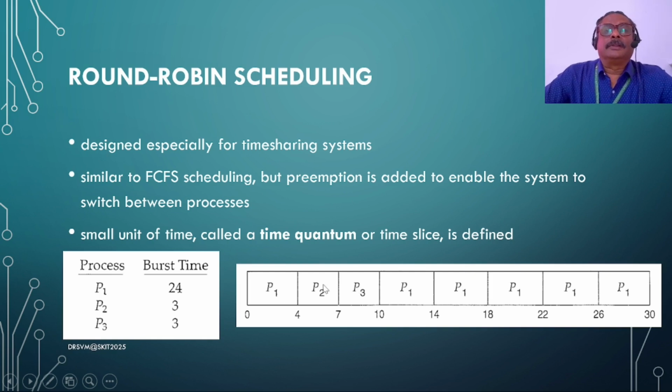For the person with P2, this small gap, a delay of starting execution, that is the response time of P2, 4 units of time, is almost negligible for the human. Same way for P3, the response time is 7, so that also looks almost negligible.